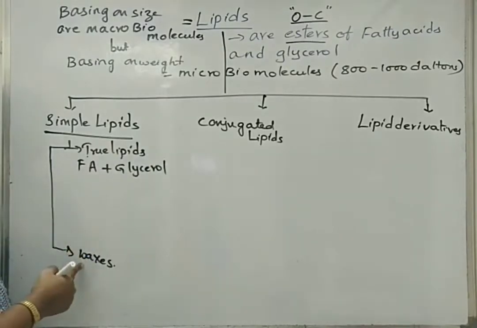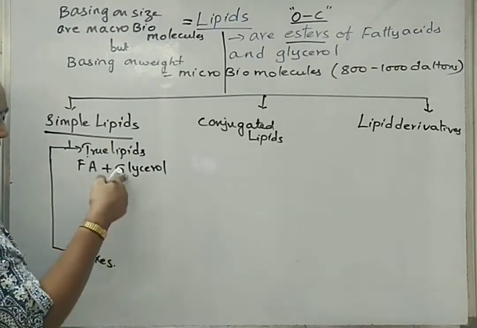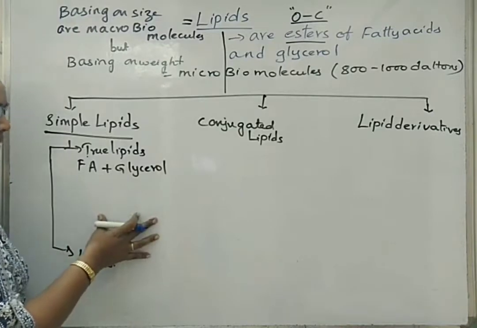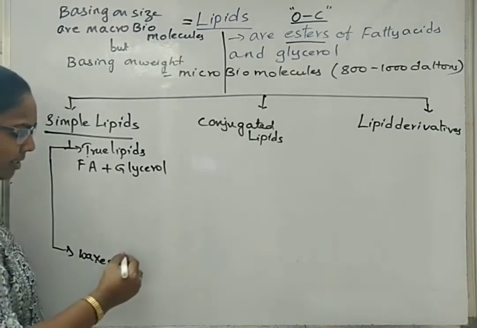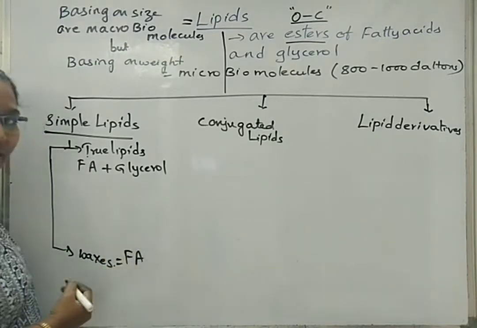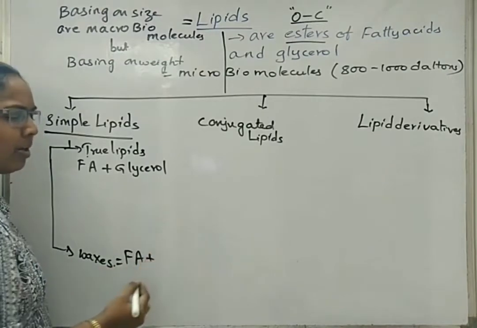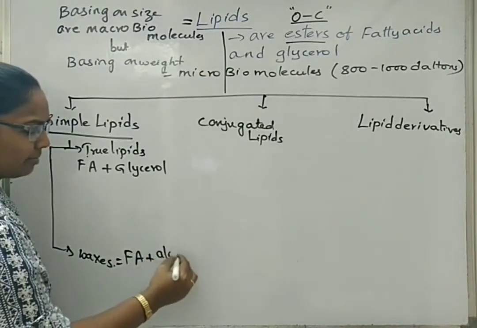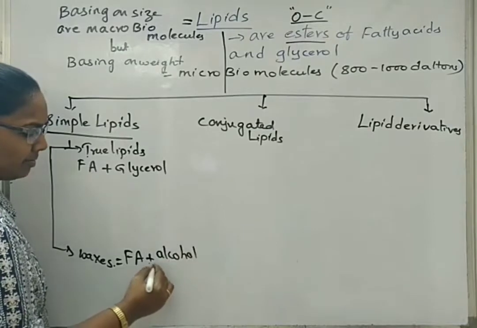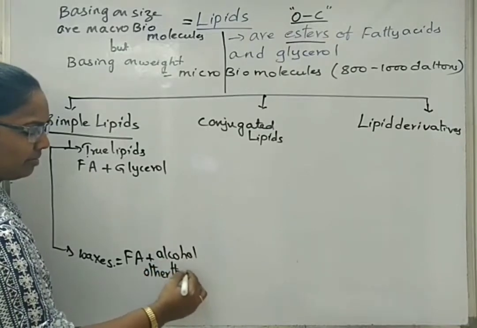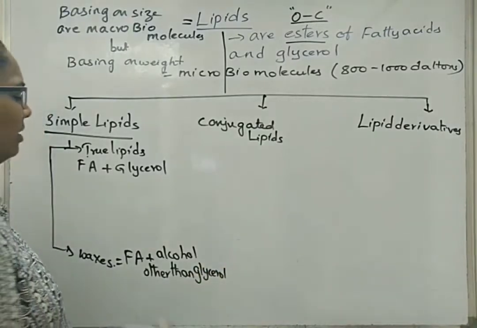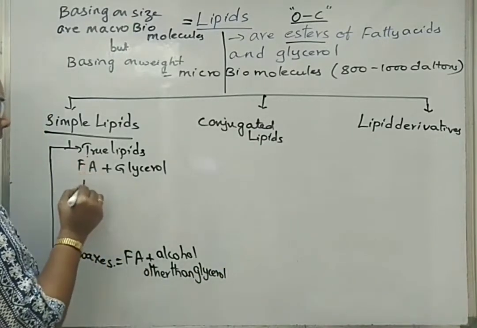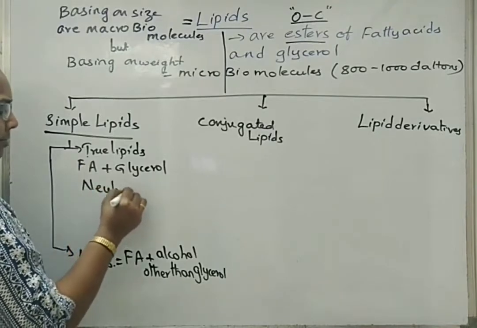If glycerol is not there, and any other type of functional group or alcohol is present, then such lipids are called waxes. So waxes are a combination of fatty acid plus alcohol other than glycerol. These true lipids are also termed as neutral lipids.